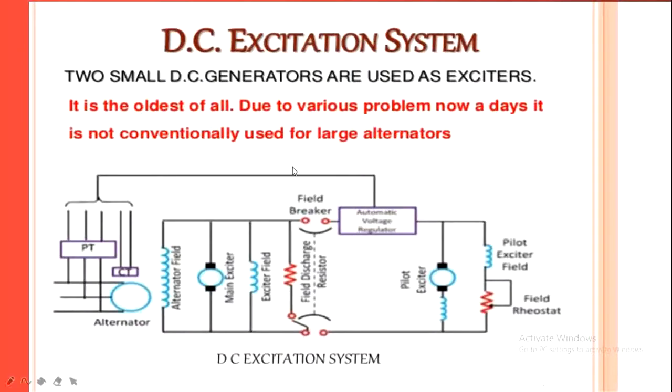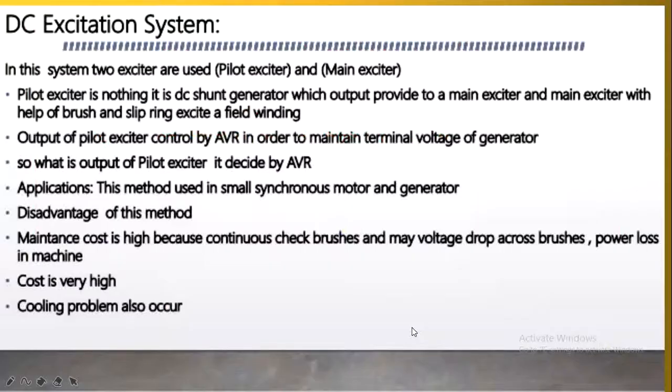I will show you. This is the figure of the DC excitation system, where this is the main exciter, this is the exciter field, and this is the pilot exciter. From the previous slide, we see the pilot exciter is a DC shunt generator whose output is provided to the main exciter, and the main exciter, with the help of brush and slip ring, excites the field winding.